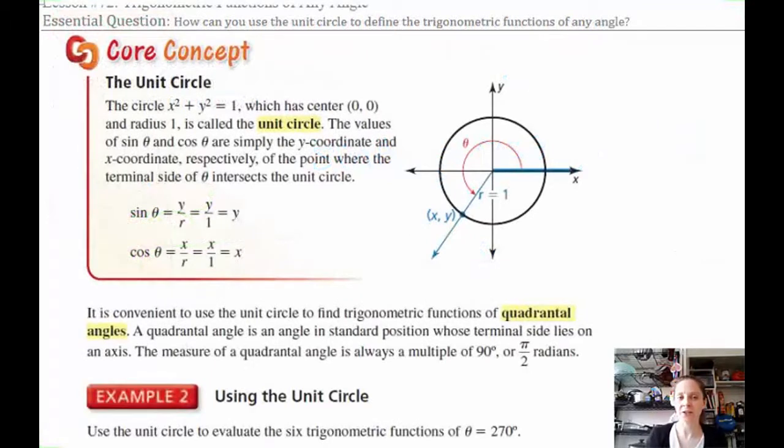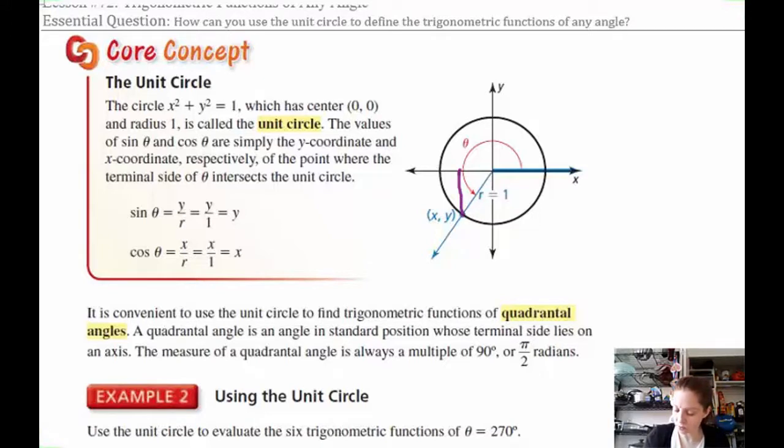The unit circle. The circle x squared plus y squared equals 1, which has center (0, 0) and radius 1, is called the unit circle. The values of sine and cosine are simply the y and x coordinates, respectively, of the point where the terminal side of theta intersects the circle. Right?